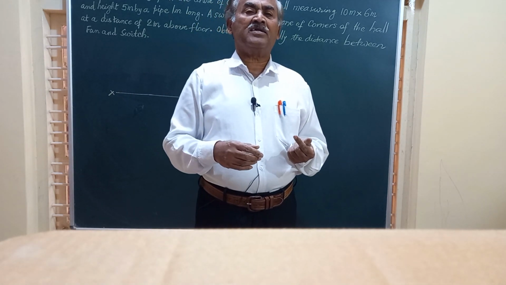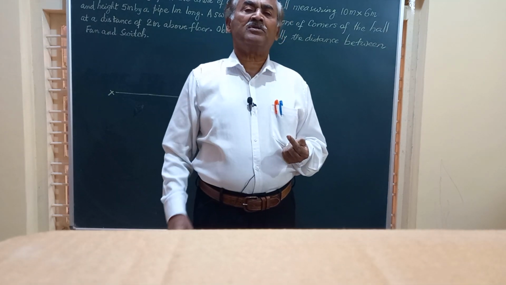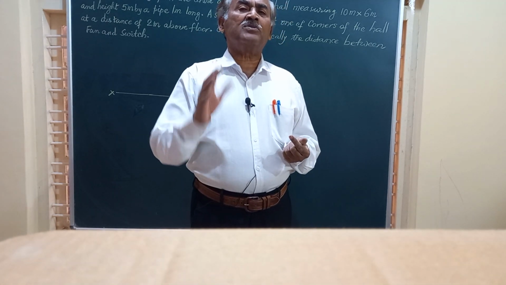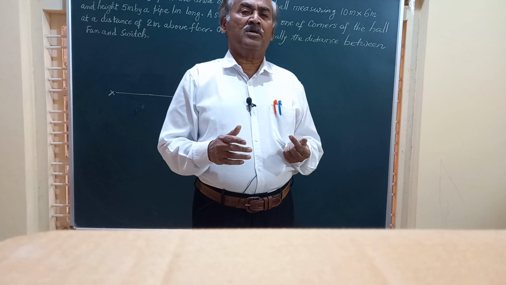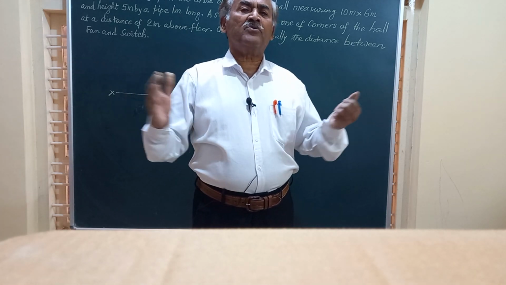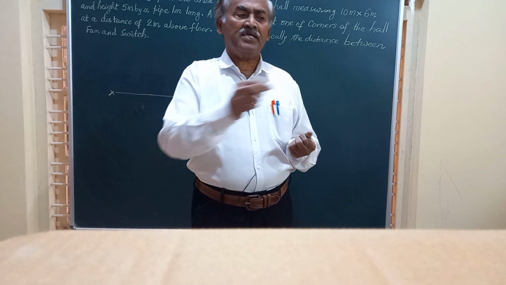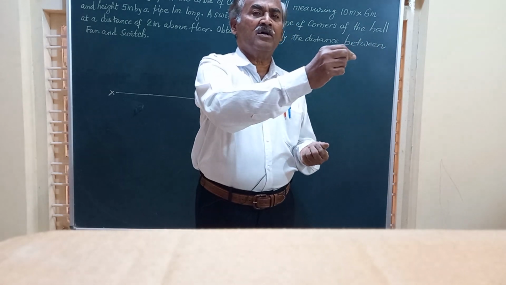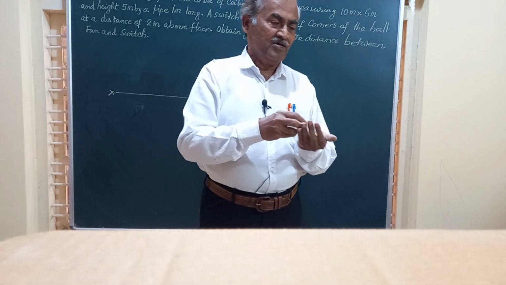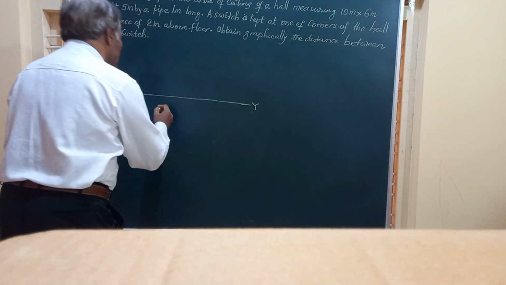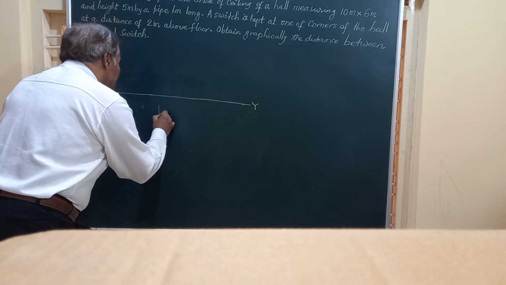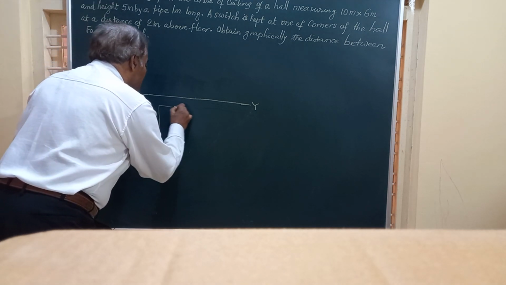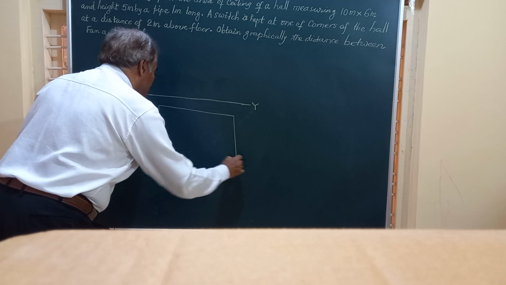Now friends, for the given dimensions, I am going to draw the top view of the hall. In the top view, you will be able to see the length of the hall and also the width of the hall. So I will mark the XY line, and mark the length and width of the hall.